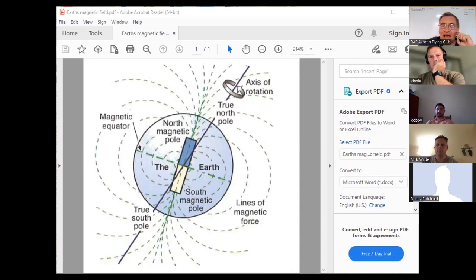So if we had a magnet here, it wouldn't just point to magnetic north, it would also tilt slightly, because these lines of magnetic force are coming out the Earth at an angle, going all the way around here, and then going back in at an angle.